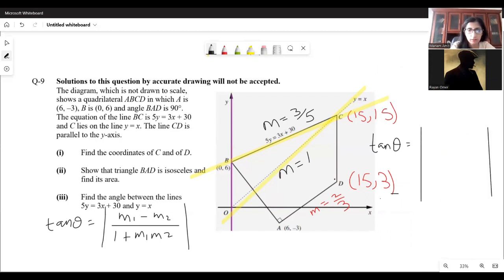Okay, so now let's enter everything. 3 by 5 minus 1 upon 1 plus bracket 3 by 5 times 1.